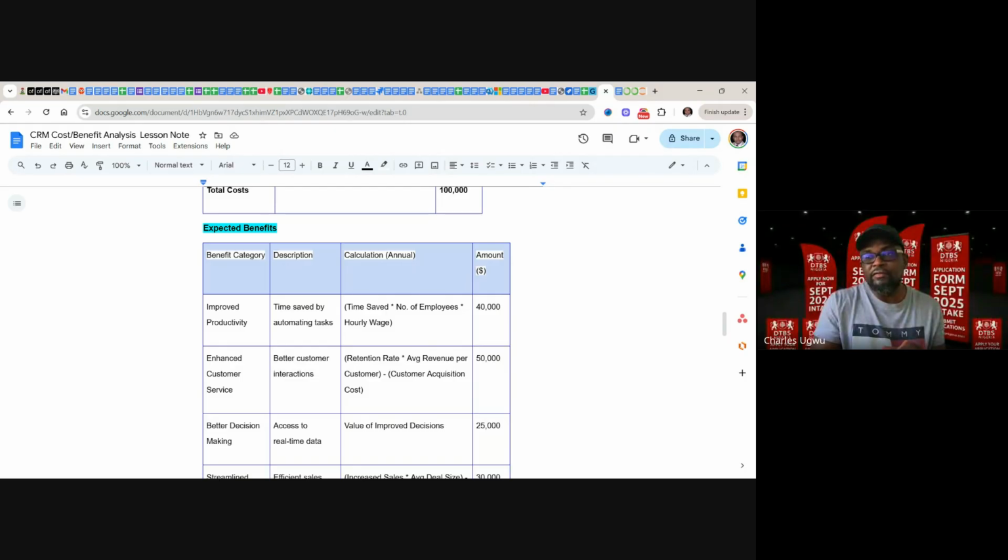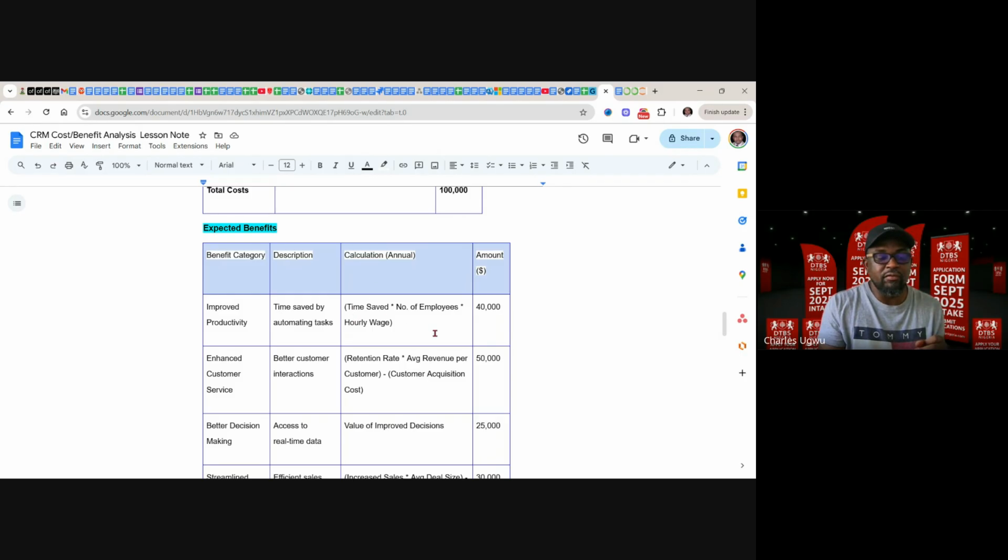All the other benefits, we target as non-monetizable benefits.